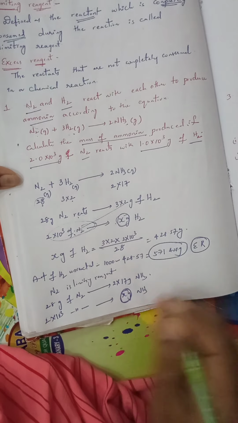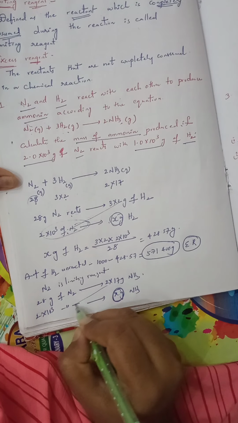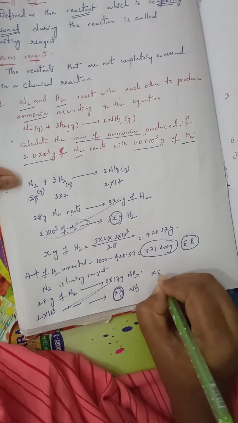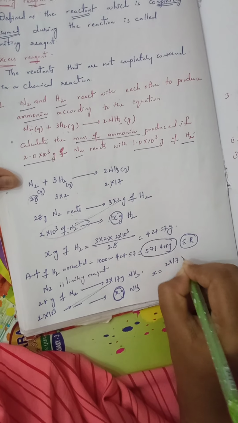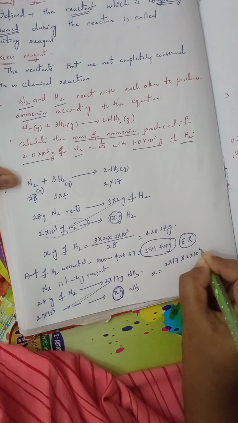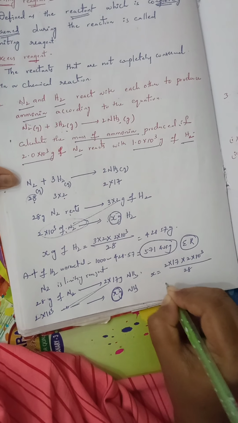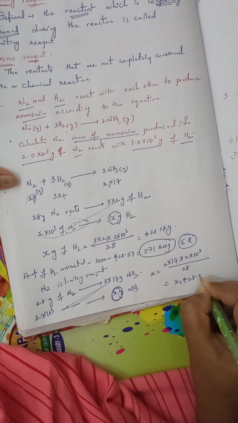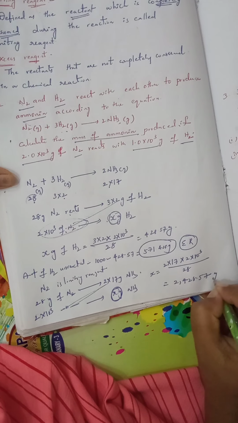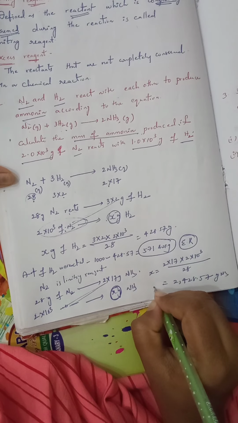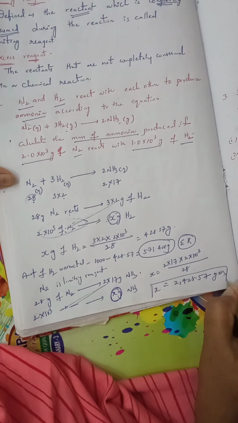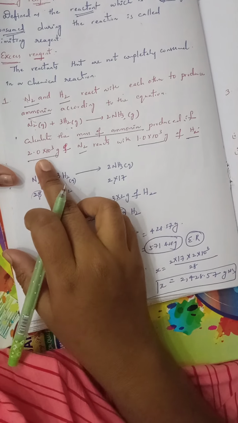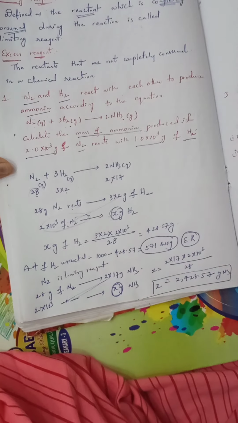Cross multiply: x equals 2 × 17 × 2 × 10^3 divided by 28. By calculating, you will get 2428.57 grams of NH3. This is the mass of ammonia gas obtained when this much N2 reacts with this much H2.